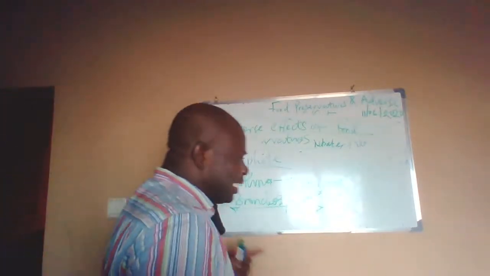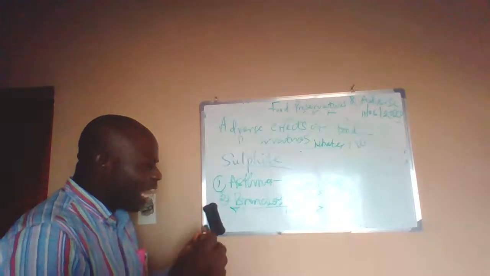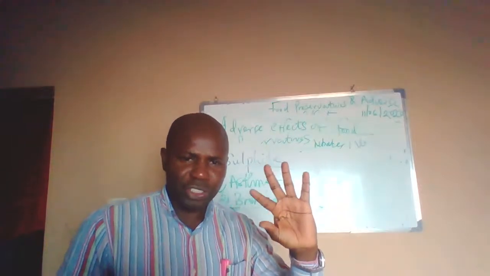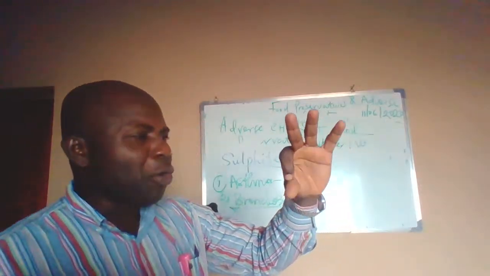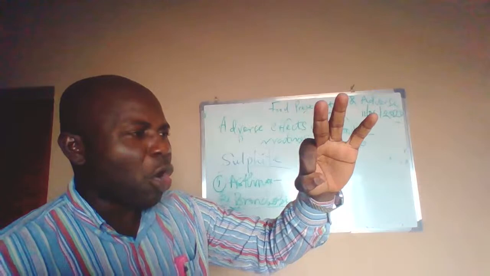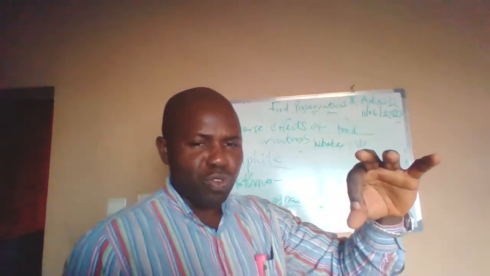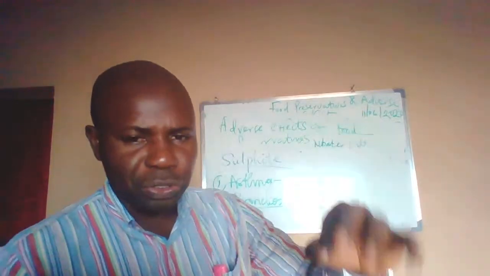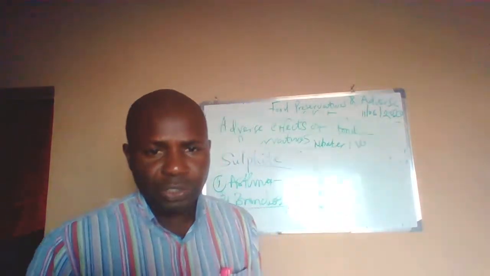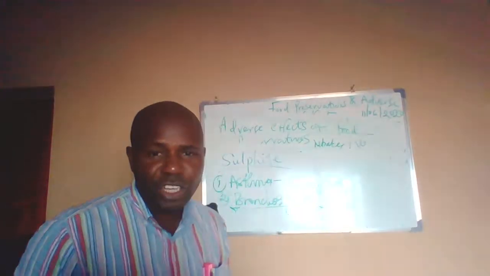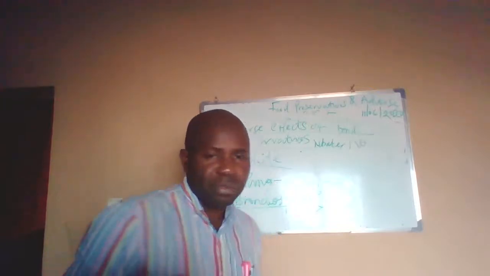Bronchospasm talks about increased contraction of the bronchial smooth muscle. As a result of this increased contraction, it narrows the airway, so the oxygen that is needed cannot pass through to gain entrance into the tissue. This is dangerous, and basically it is due to the deficiency of sulfite oxidase enzyme.